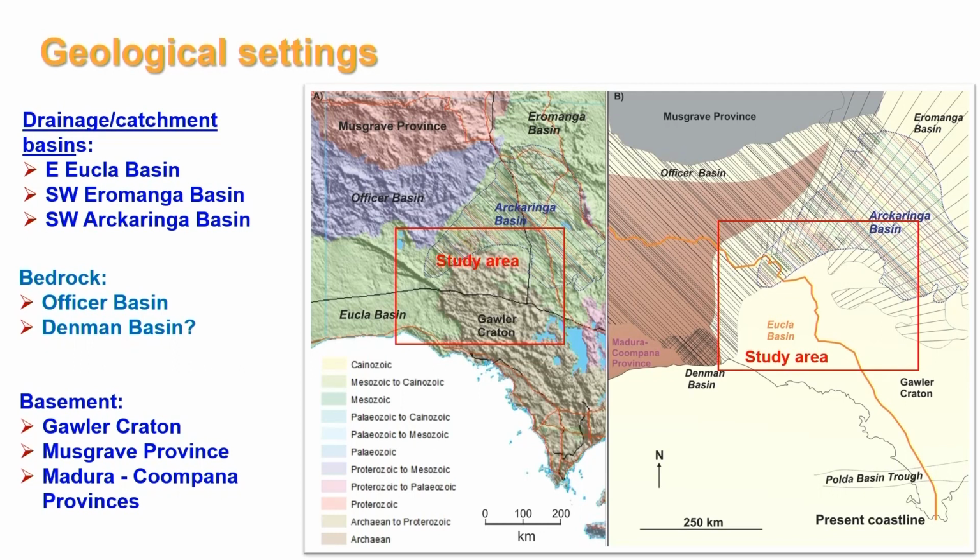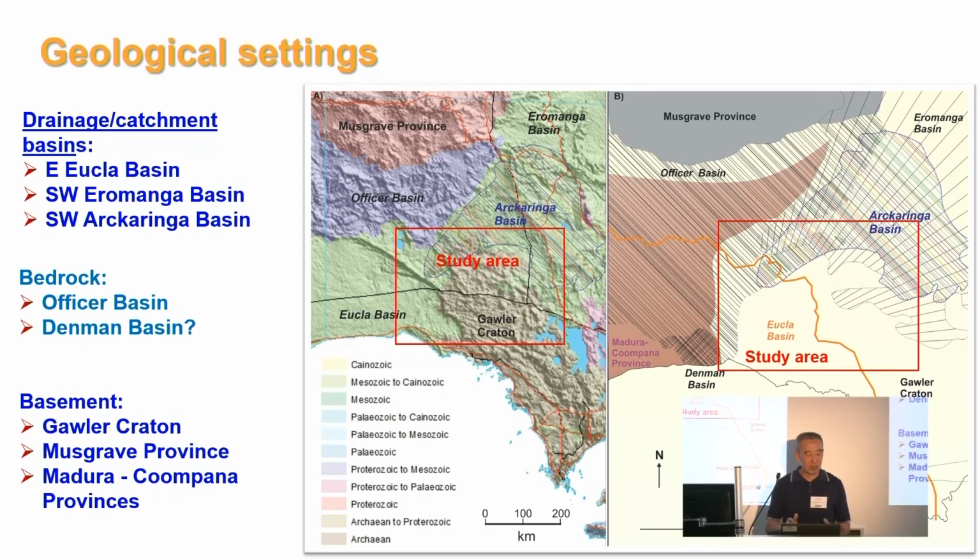Because we need to work out the paleovalley fill, the sediments, where they come from. For example, with heavy minerals, we work out the main source comes from the Kopperamanna area in the first stage, and the second stage transports to the Officer Basin, and the third stage transports to the Eromanga Basin or even the younger Cenozoic basin, and later accumulates along the Eucla Basin margin, like Geoscience Australia.